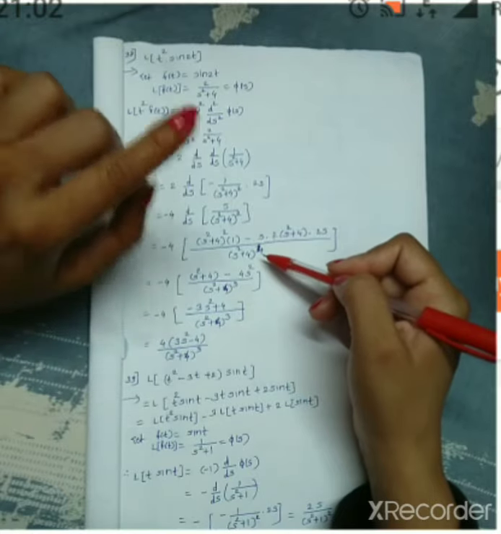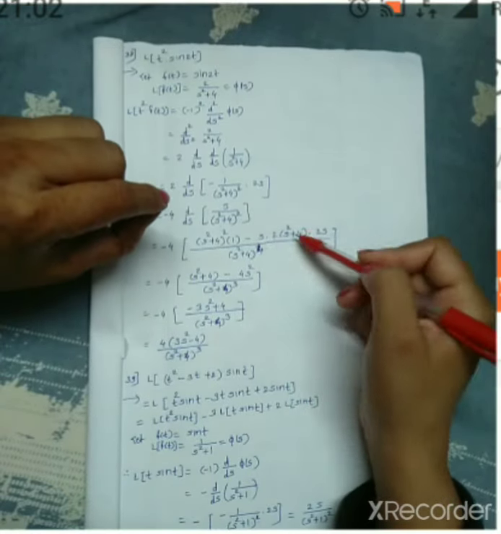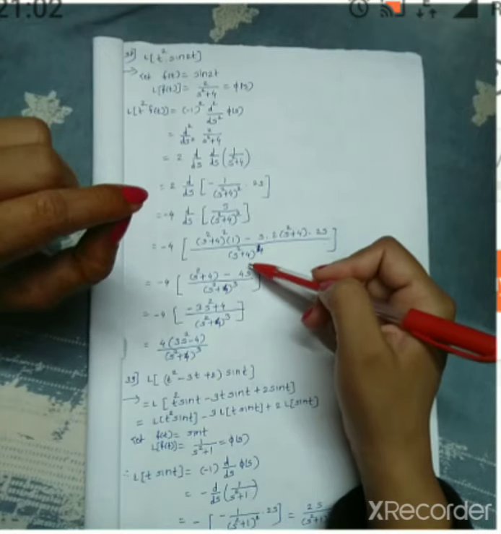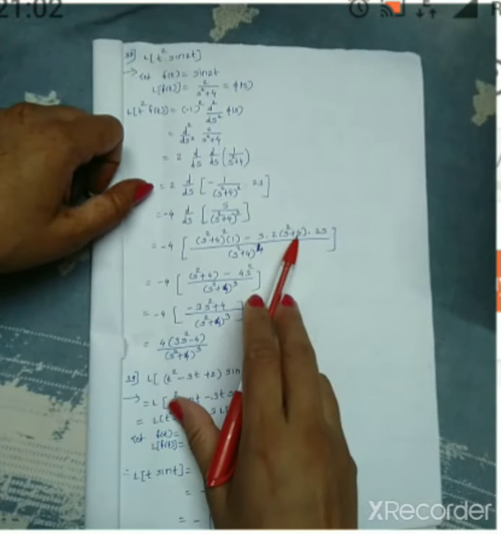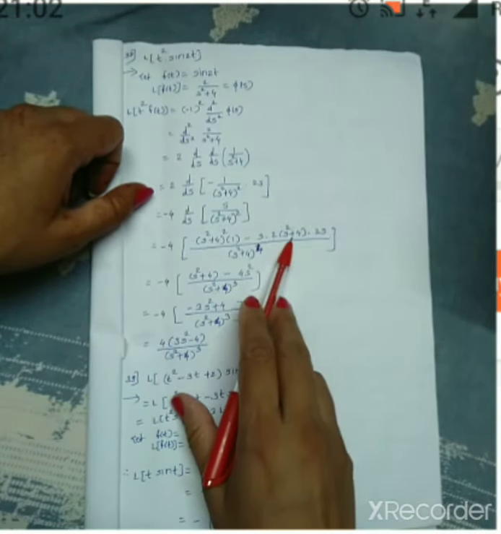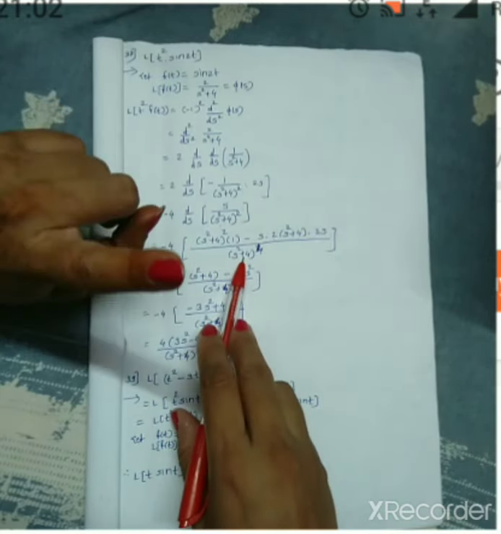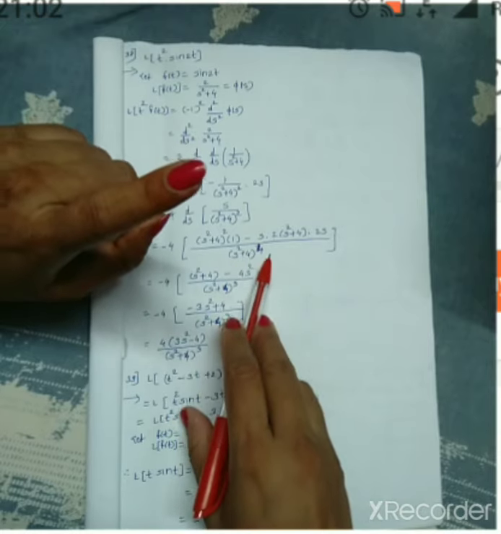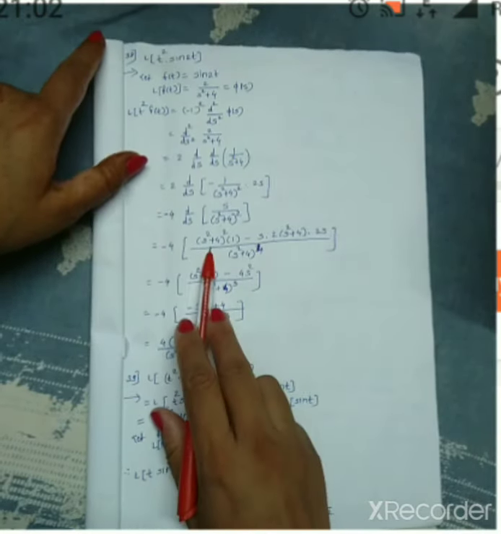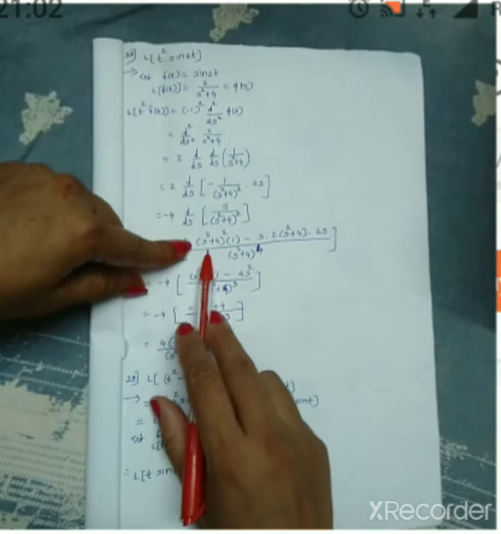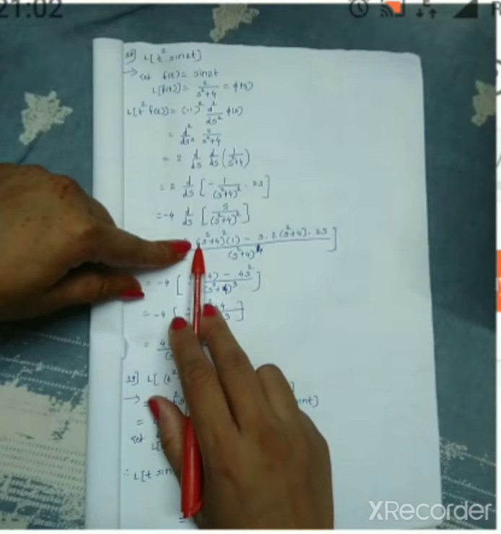You first have to cancel the single bracket from numerator and denominator. How many brackets can be cancelled? Only one. So take s² + 4 common and cancel with this one, and we get a cube here.